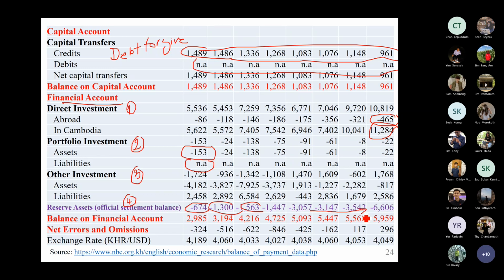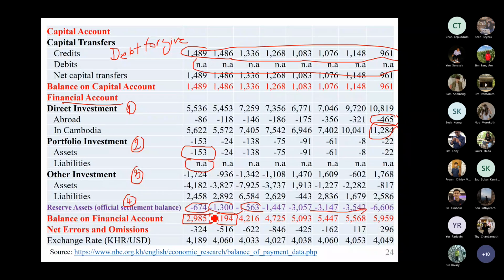When we add up all these four accounts, we can get the balance for the financial account, okay? You can see the balance for the financial account. And then we can make some error adjustment so that it adds up to 0, okay? And then we will have information.